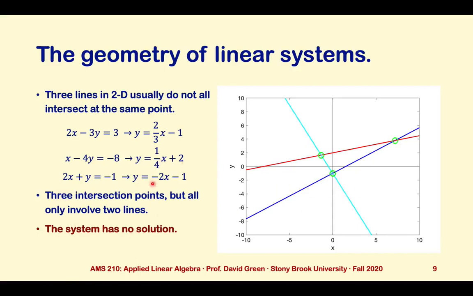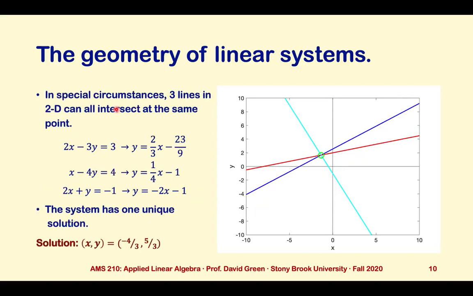This is very commonly observed in 2D. The most common result for three lines in 2D is that there is no solution. The lines don't intersect at a common point. However, in special circumstances, they can.